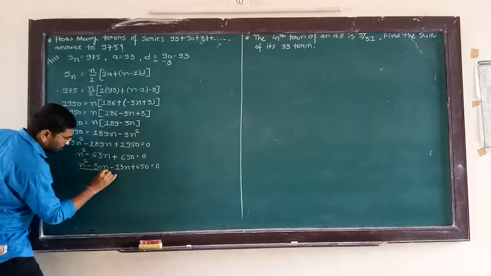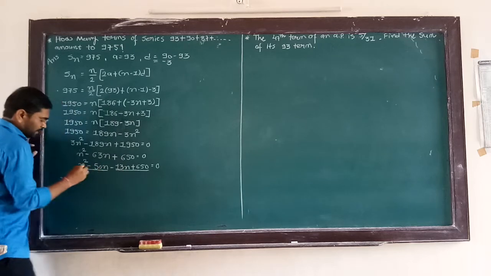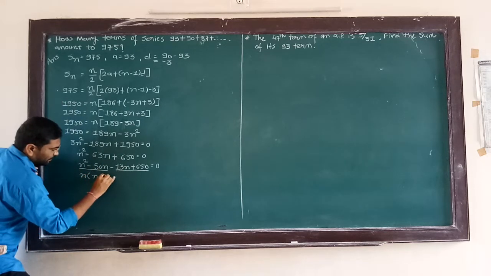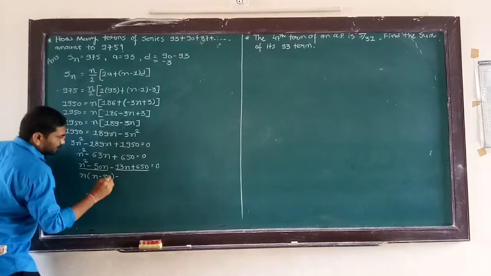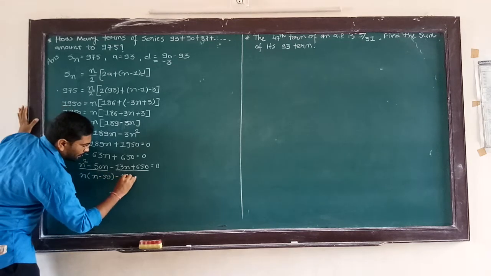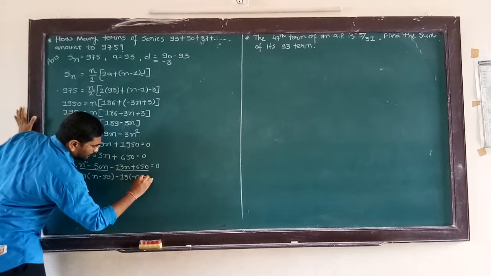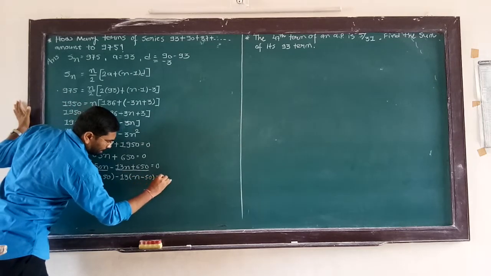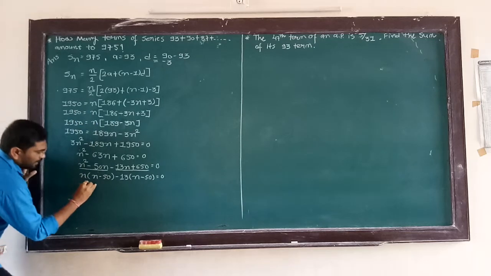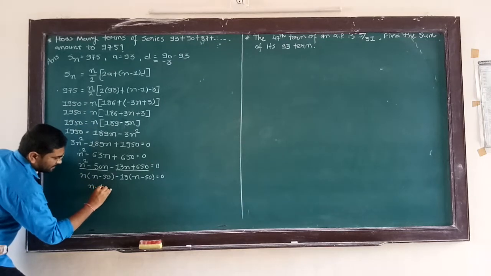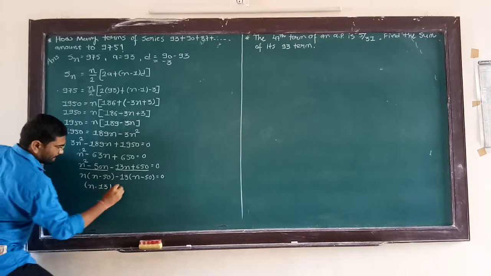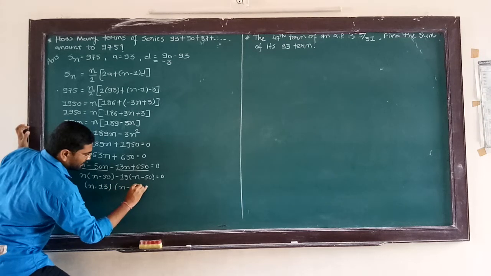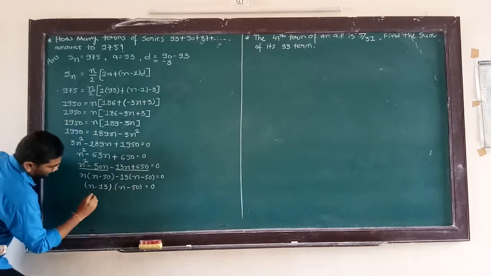Now common from both terms here, common is n, bracket n minus 50, here 13 common, n minus 50. Now common bracket: (n minus 13)(n minus 50) is equal to 0.